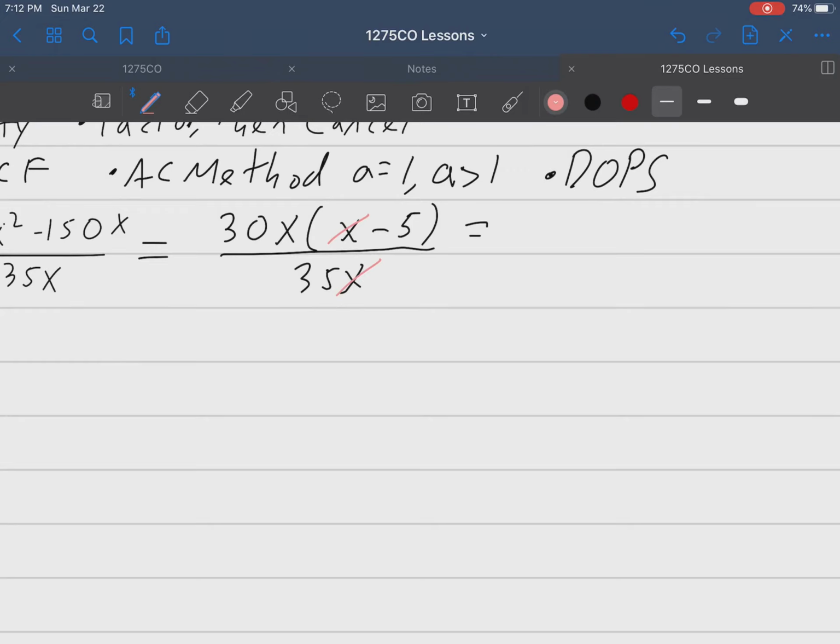This x and this x do not cancel. For one reason, this x is sitting inside parentheses, so it cannot be crossed out with an x that's outside the parentheses. Also, this x is sitting next to a minus sign, which means it is untouchable. This x, however, is sandwiched in between 2 multiplication symbols. So those can be crossed out.